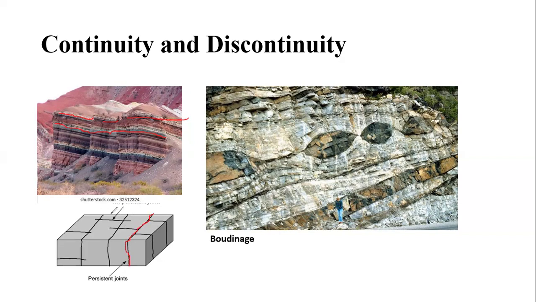But here, these ones are discontinuous because we expect these to keep going and combine with this one, but no, it's not the case. So these ones are discontinuous, but these joints are persistent. It means they're continuous, but these other ones are not continuous, they're discontinuous.